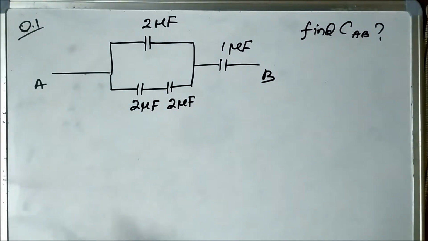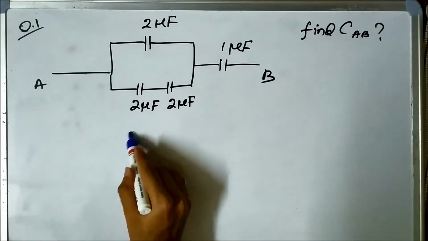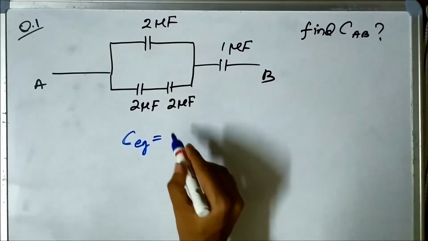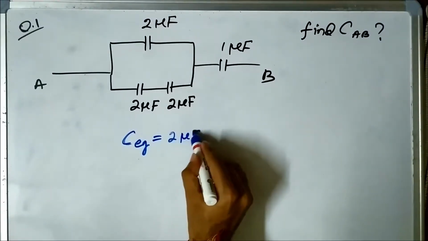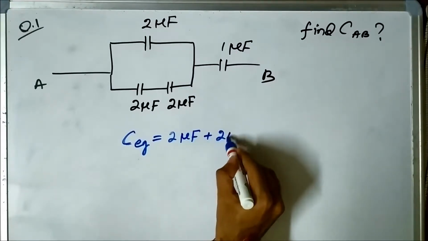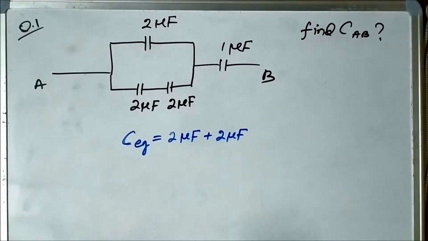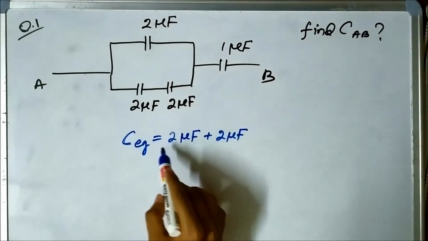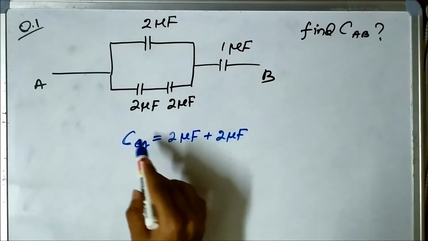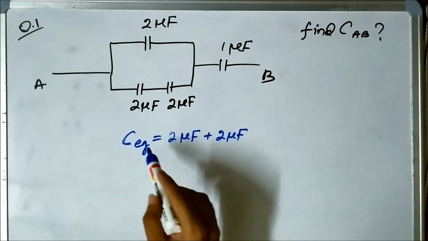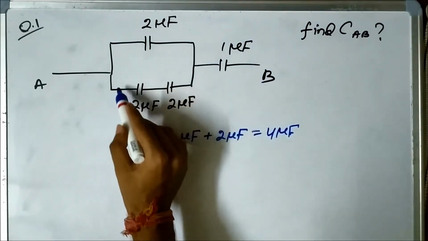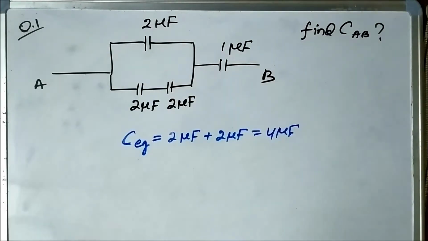Now if you write C equivalent is equal to 2 microfarad plus 2 microfarad, simply add the two values and say that the equivalent capacitance is equal to 4 microfarad, then it is wrong.